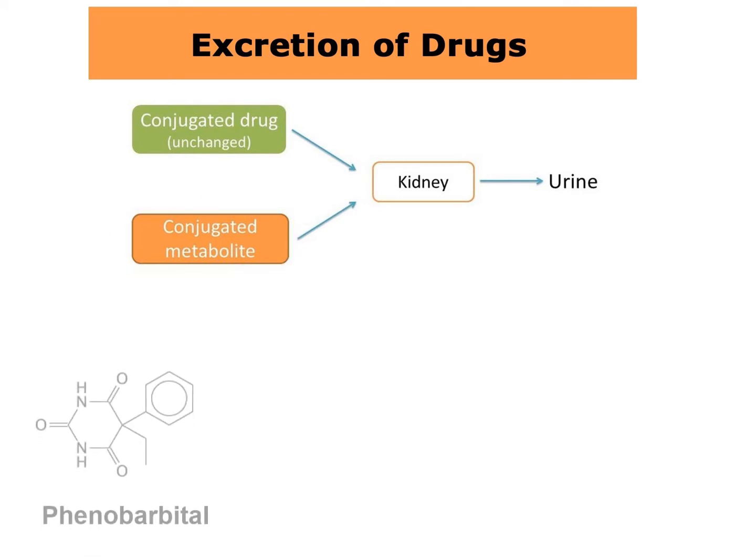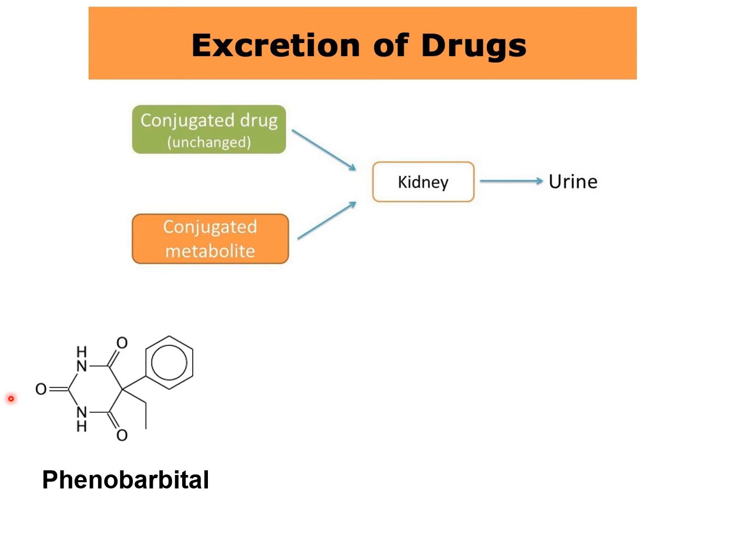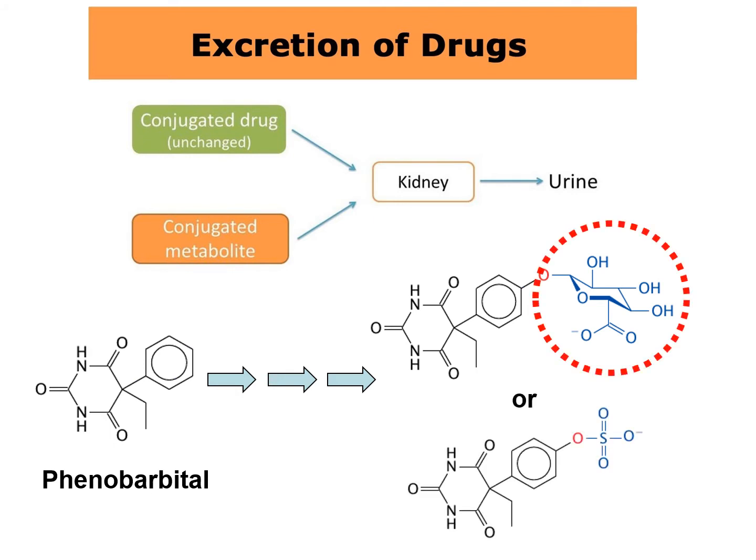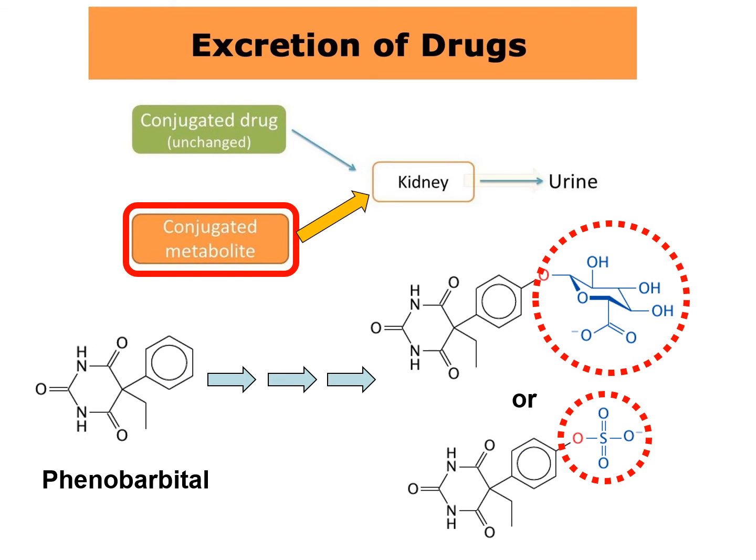In any case, let's start with a well understood drug called phenobarbital, been around a long time. What we know about phenobarbital is that it gets metabolized by the liver and to a certain degree by the kidney, and it forms these conjugates. So here's one, or here's another. And so we add these functional groups to this molecule, and now this molecule can be targeted as a conjugated metabolite for excretion.